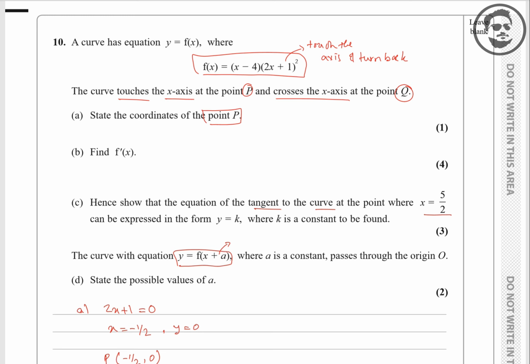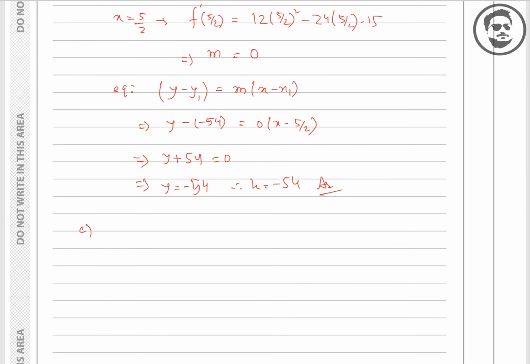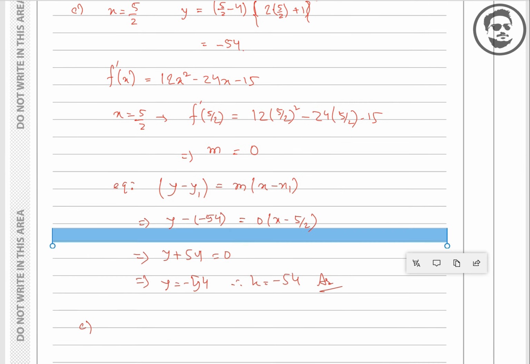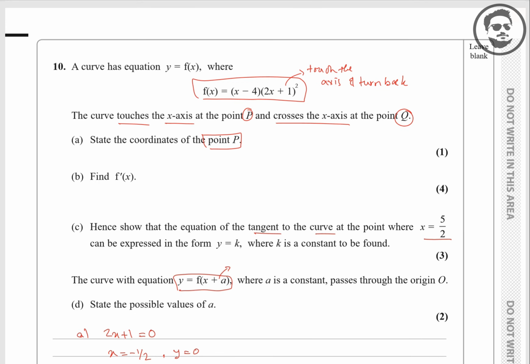So if we think about the function visually, it is a cubic graph that passes through x equals 4 and x equals minus half, which is the touching point where it turned back, and x cube is positive.